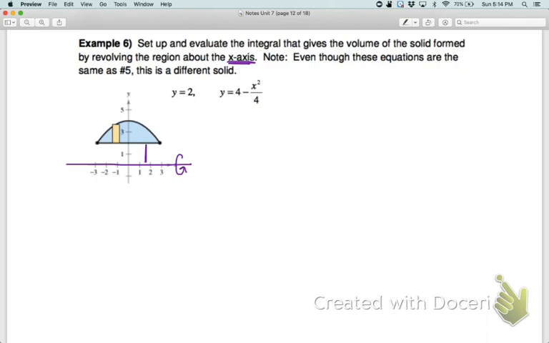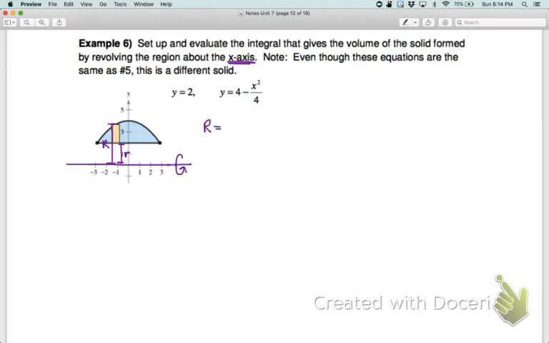So if we use the representative rectangle that they gave us, which we could really, again, choose to draw anywhere, capital R is going to be the total distance here, and then little r is going to be our inner radius, that's the negative space, all right? So capital R is going to be our function.